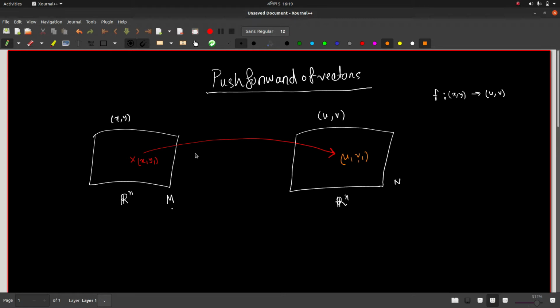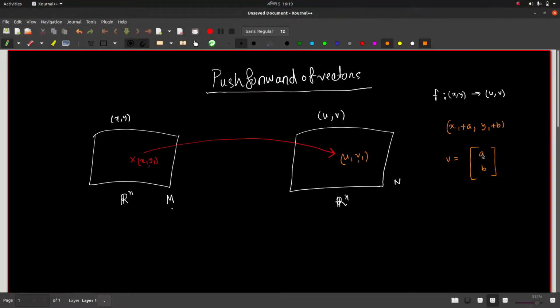But what we want to see is what happens when I change my points from x1, y1 to some other value, let's say x1 plus a, y1 plus b. And this can be thought of as moving along a vector v, which has two components, a and b, like this.